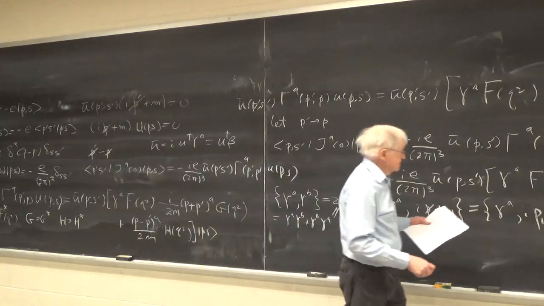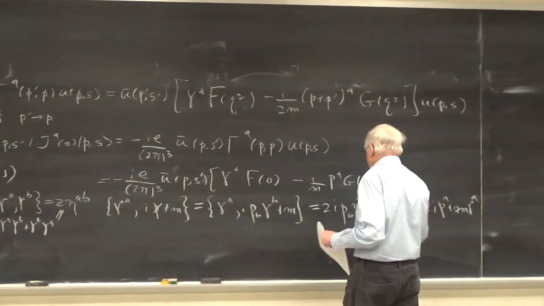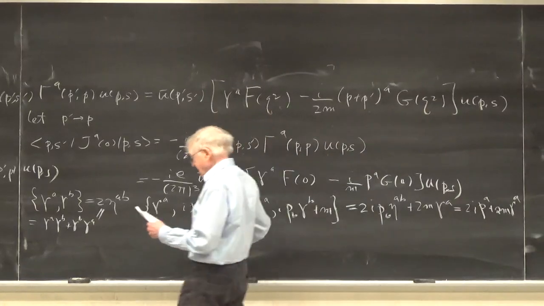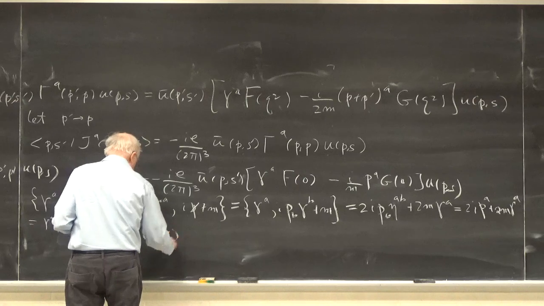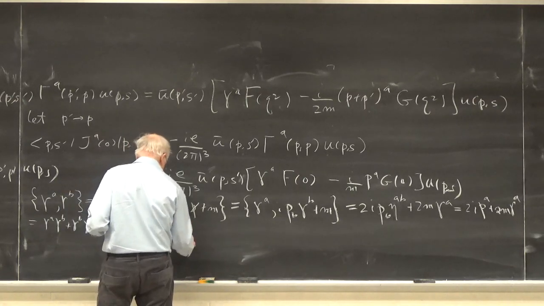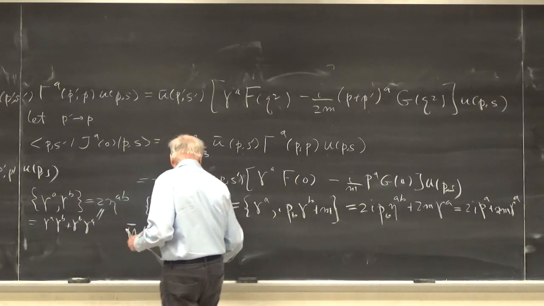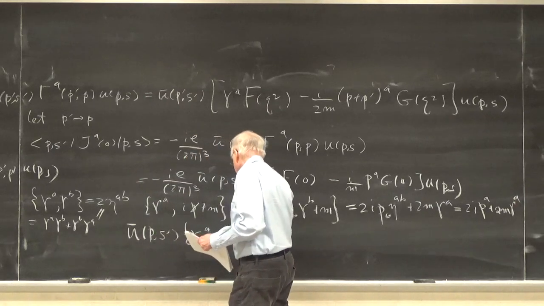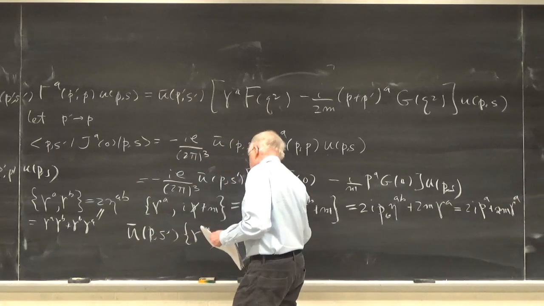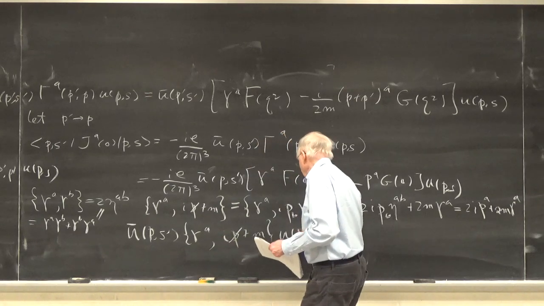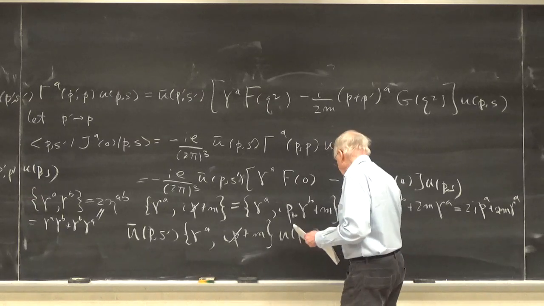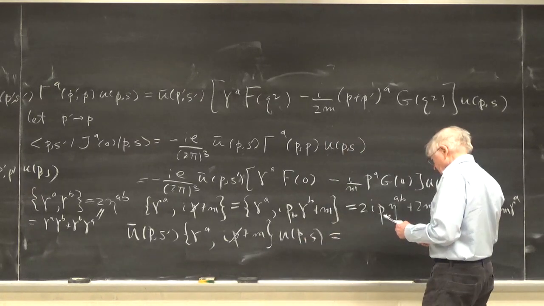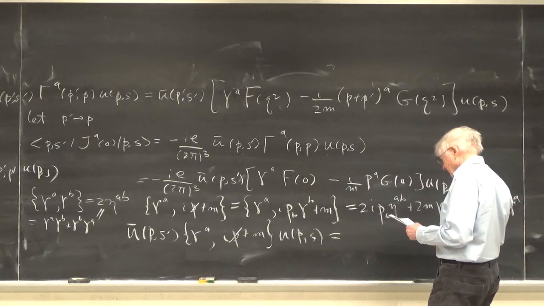Consequently, if we take the matrix element of this between spinors with different spin but the same momentum, so we have gamma A, I P slash plus M anti-commutator, U of the same P, different spin index, we get 0.